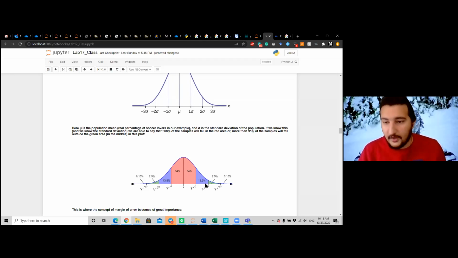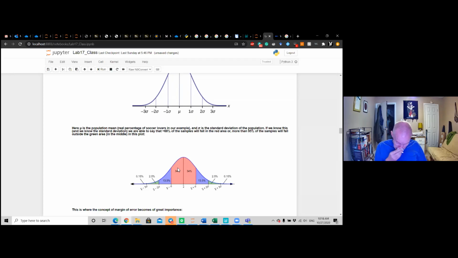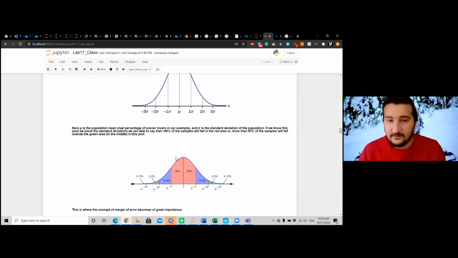If we go one more step to the right and one more step to the left, we will be in the red and blue area, and that will be 95%. And then we can keep going, and we will capture more samples, but the amount of samples that we add is not going to be as high.